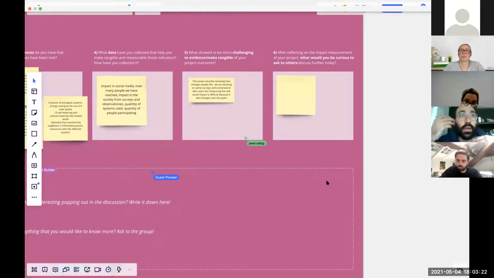And another thing that comes to my mind is that I think it's important to have your population really clear, the people that you are focusing on in your project, when you're trying to collect your data and compare this data, and also understanding that social behavior changes a lot.